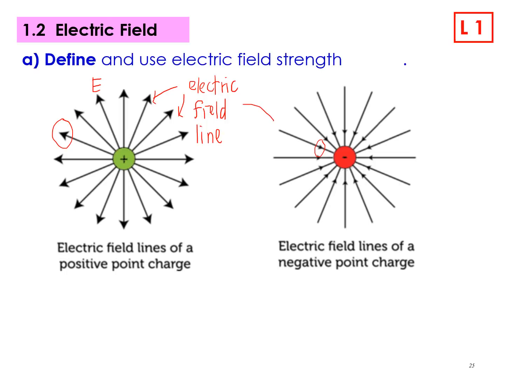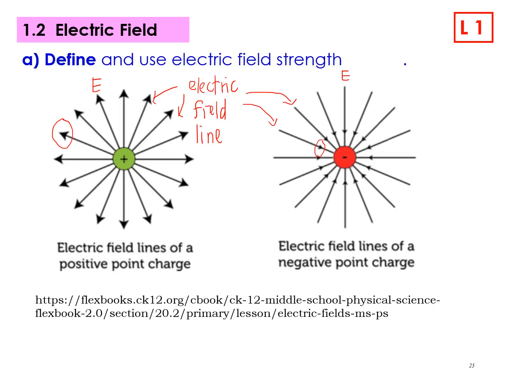Here also the electric field line represents the electric field. Clear? Once again, the electric field line is used to visualize the electric field around the electric charge. Understand?